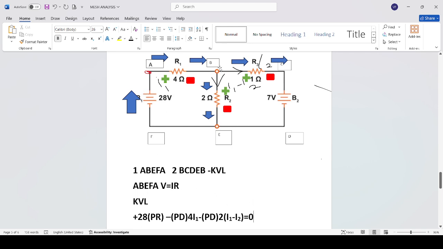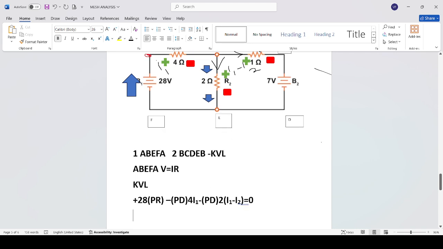So the algebraic sum of all the voltages across the loop is 0. If I write the equation, it is 28 minus 4I1 minus 2 times (I1 minus I2) equal to 0.